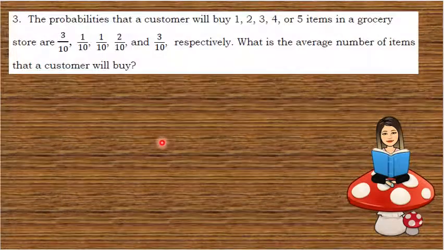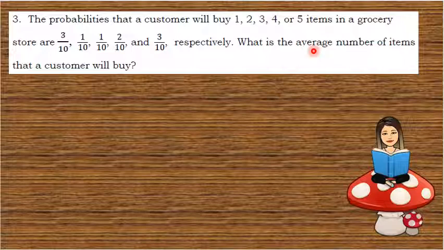Example number 3. The probabilities that a customer will buy 1, 2, 3, 4, or 5 items in a grocery store are 3/10, 1/10, 1/10, 2/10, and 3/10 respectively. What is the average number of items that a customer will buy? So, average daw.